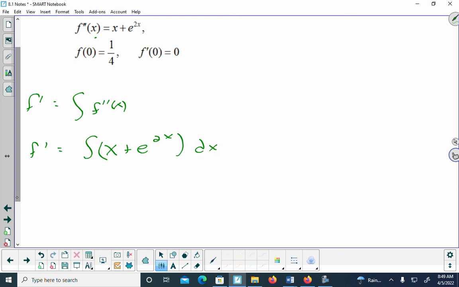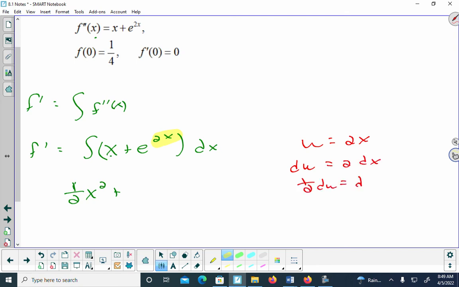When I go to do that, I can do it all at once. The antiderivative of x is going to be 1/2 x squared. Then to do the e to the 2x, I'm going to say that u is equal to 2x. So du is equal to 2 dx, so 1/2 du is equal to dx.